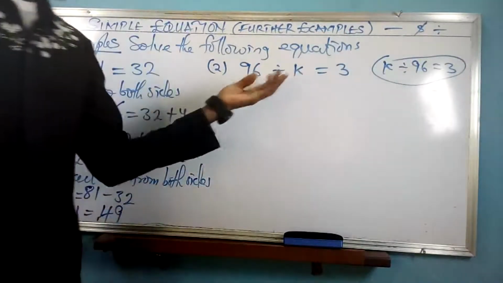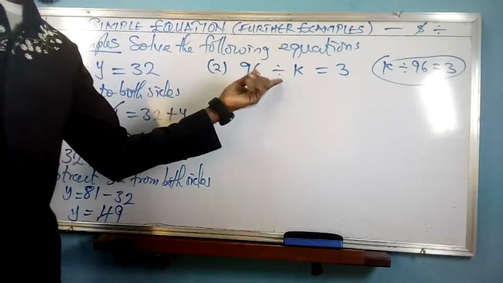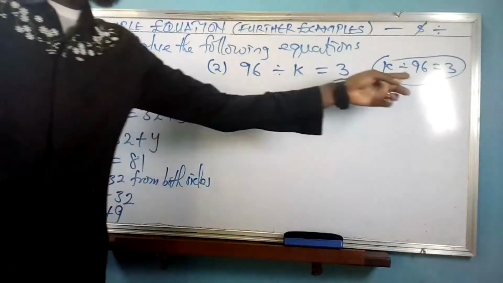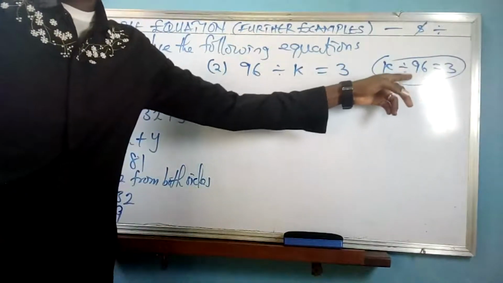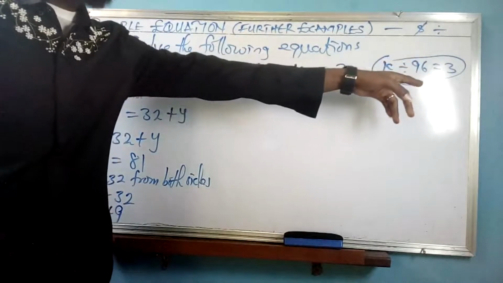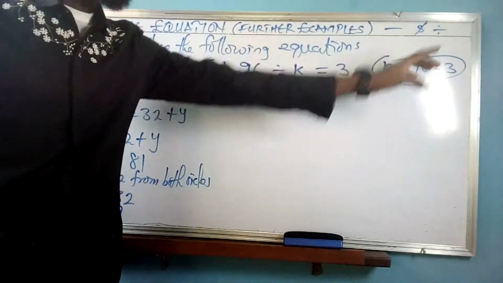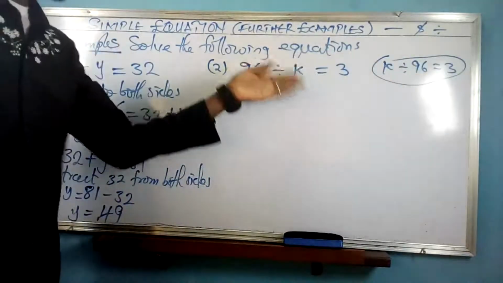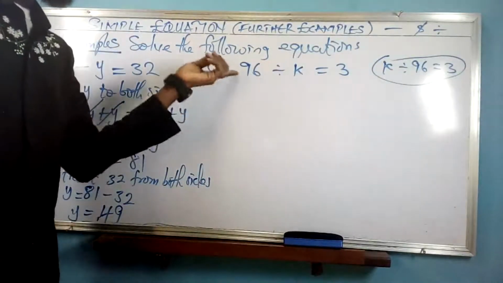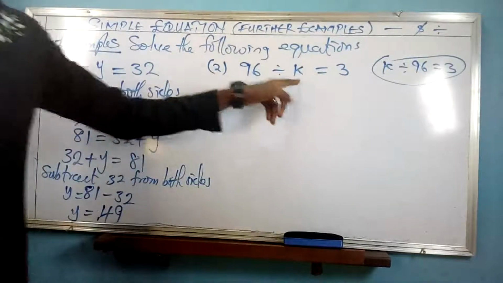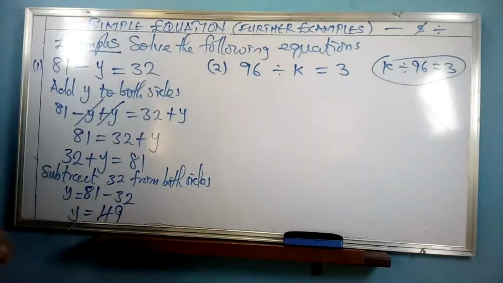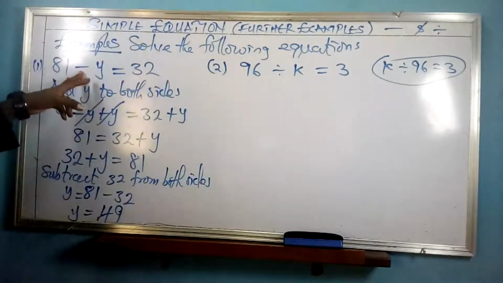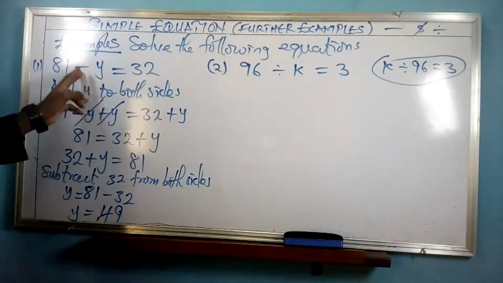You see that here the unknown is the one that carries the division sign, while here 96 carries the division sign. So k stands alone, it can stand on its own there. It has positive in front. But here 96 has positive, k has the division sign. So anytime your unknown carries the division sign, just like when it carries the subtraction sign, you have to respect them.